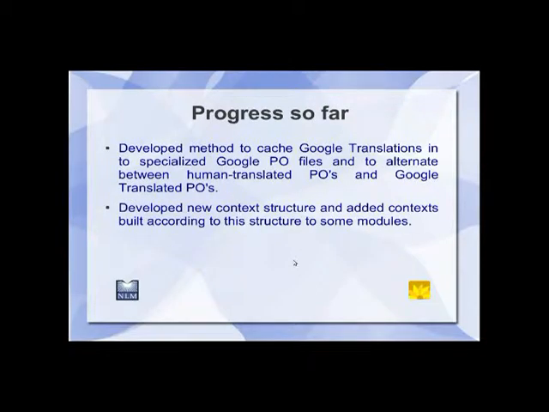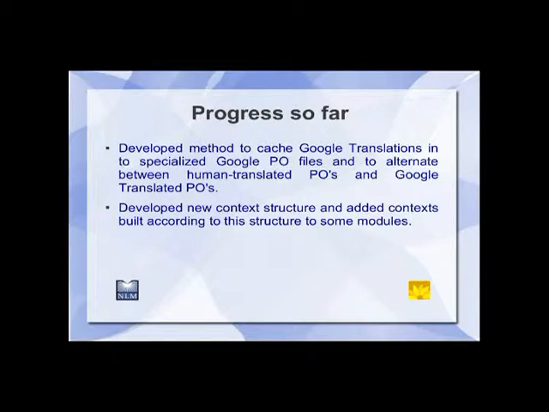Next, we'll be moving on to the progress that has been made so far towards the midterm evaluation. By now, I've developed a method to cache Google translations in a specialized PO or Pootle translation file, and also developed a way to alternate between human translated POs and Google translated POs.